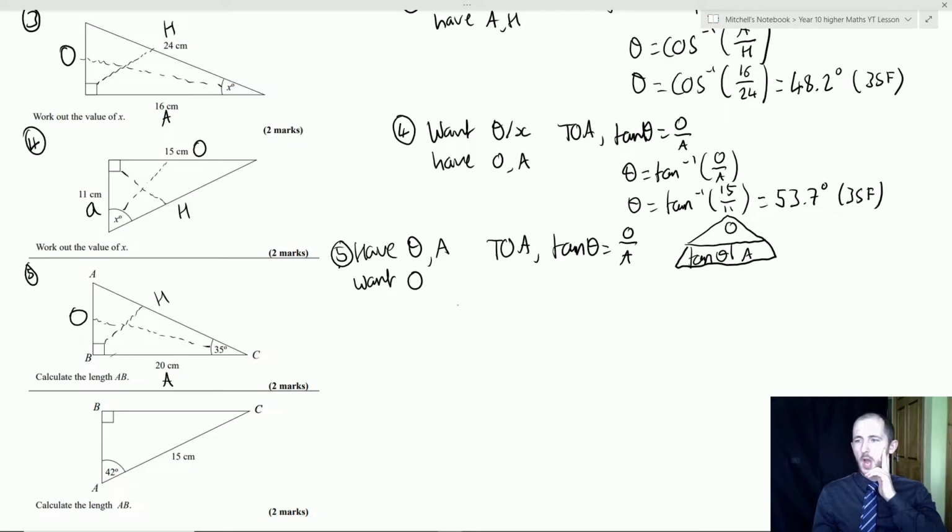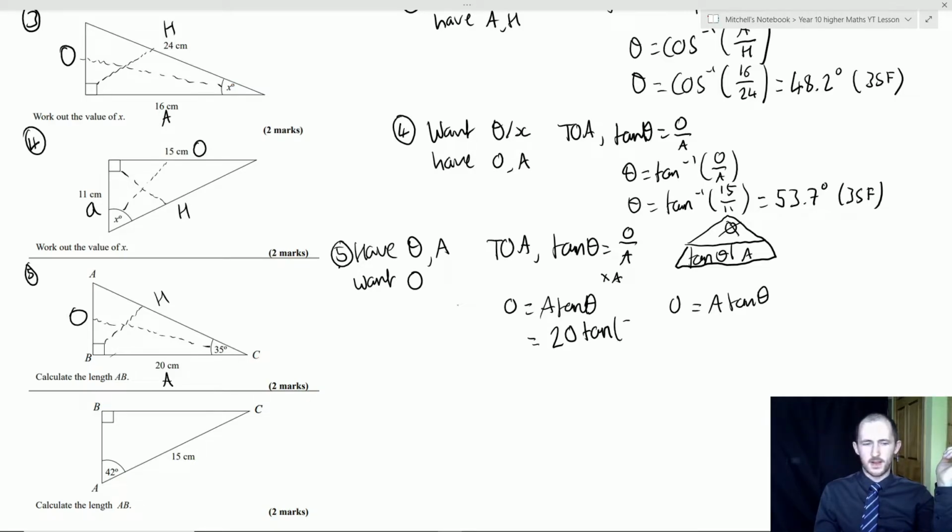Or again, if you want to use the formula triangles, you can. We want O, so if we cover up O, or again, multiply both sides by A, we get A tan theta. Both ways we do it. So O equals A tan theta. If we substitute that in, adjacent was 20, and theta was 35 degrees.